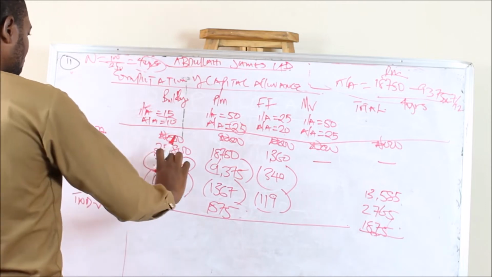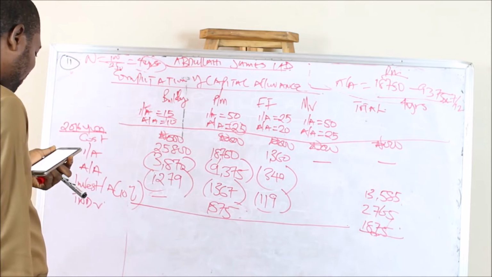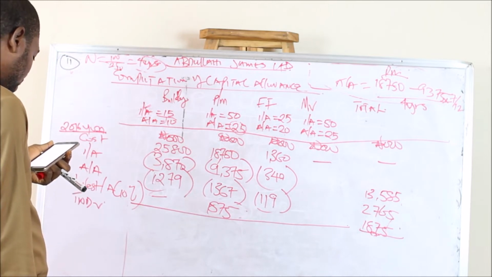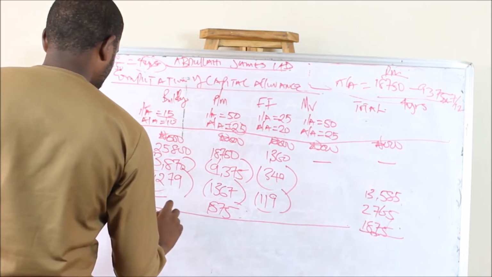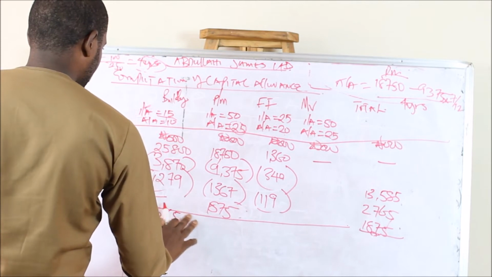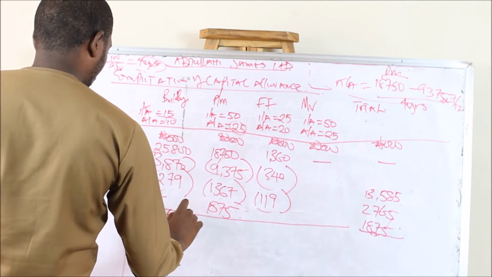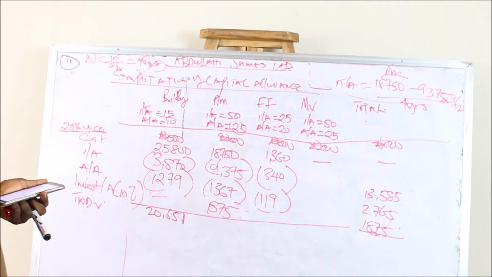If you minus this from here, it's going to give you what they call the tax written down value, and our tax written down value is going to be 2651. So that is that.